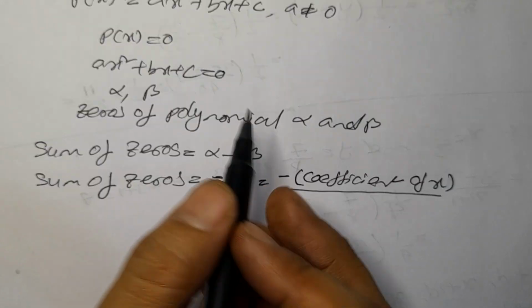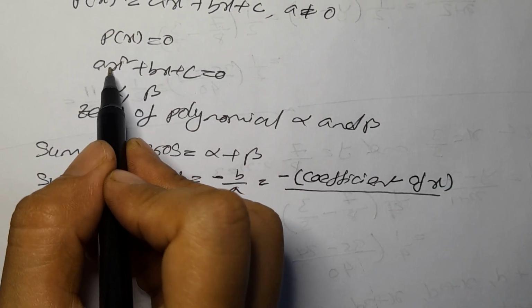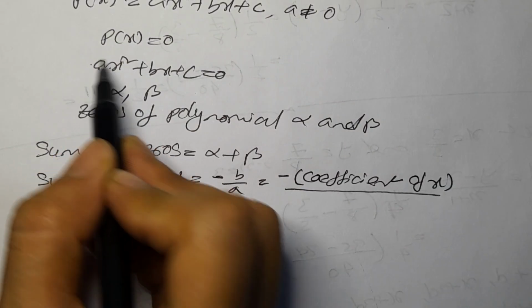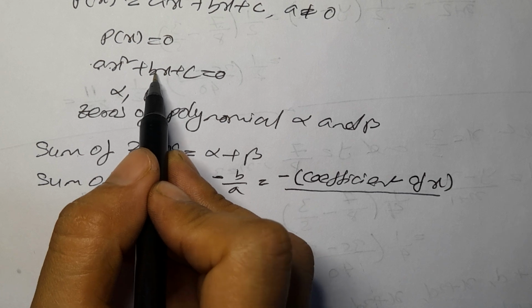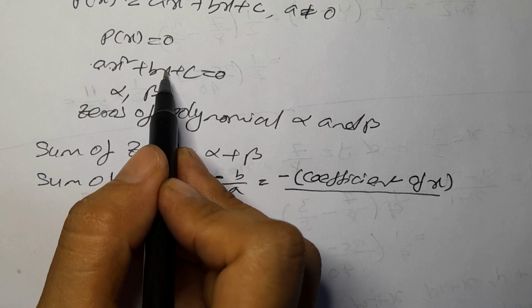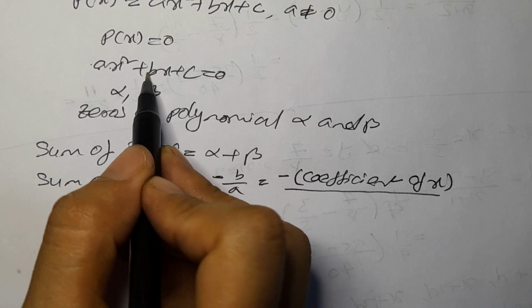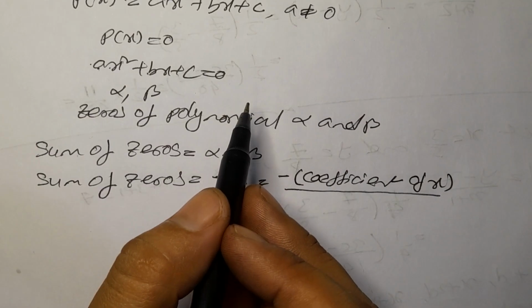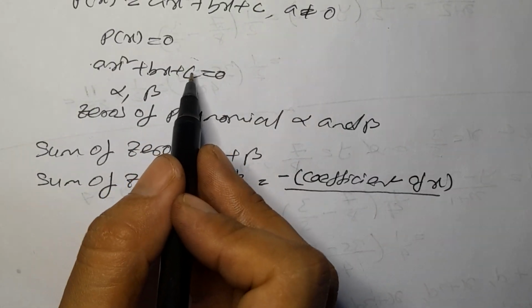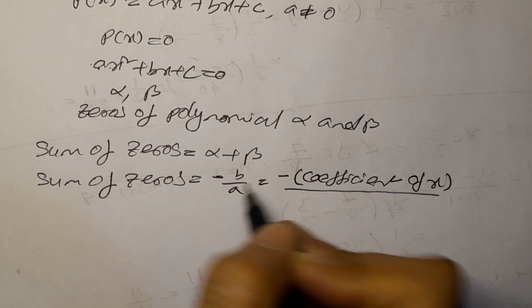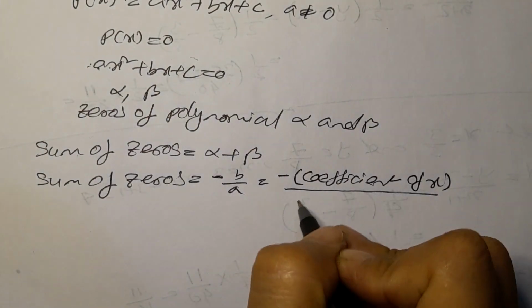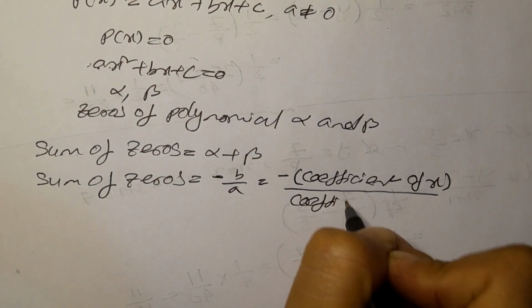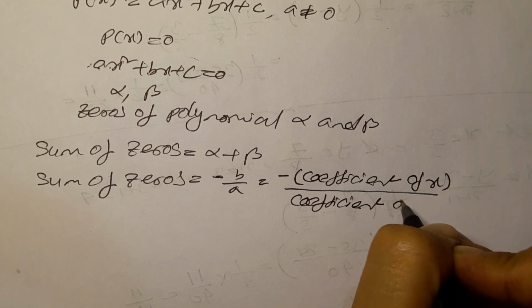What is the coefficient? The number in front of x² is the coefficient of x². The value in front of x is the coefficient of x. And the constant has no x attached, only the single number. So a is the coefficient of x².